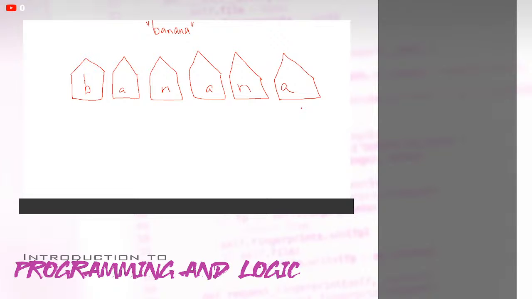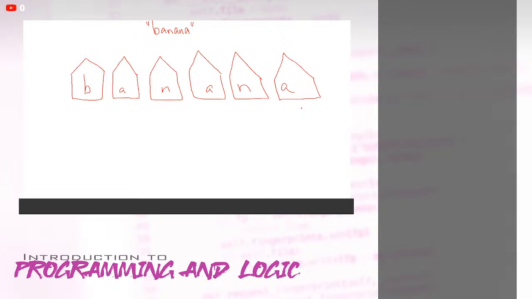And so by default, whenever we create a string, every character in that string has its own space in memory, and it has its own address. It has its own index location as a part of that string, right?